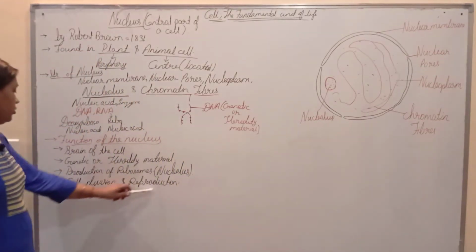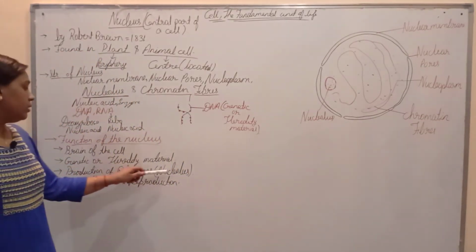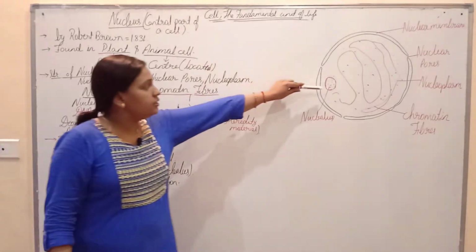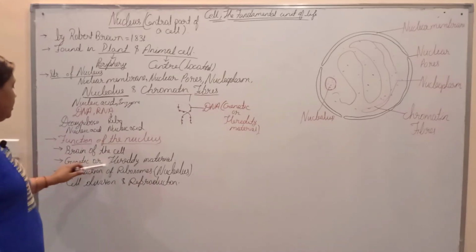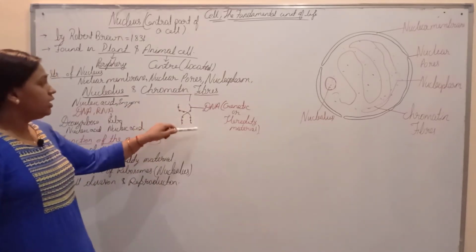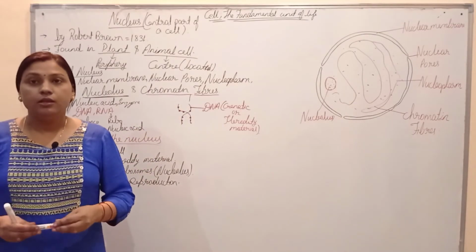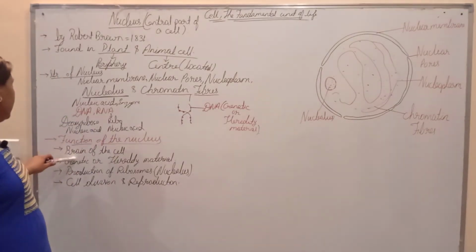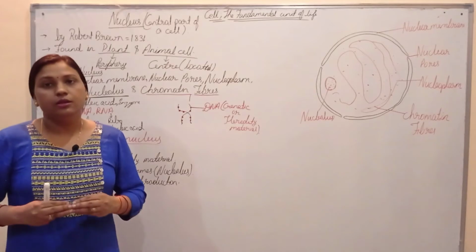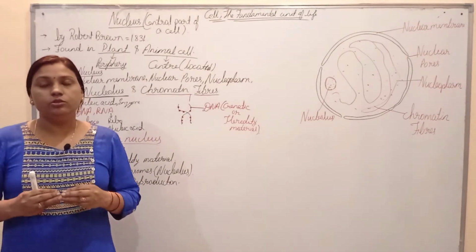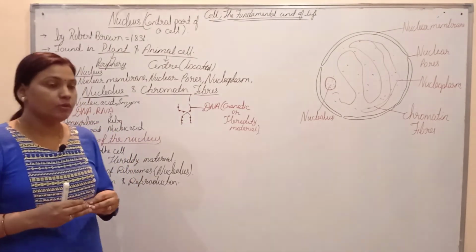Production of ribosomes also takes place inside the nucleolus of the nucleus, and genetic or hereditary material DNA is also found inside the nucleoplasm of the nucleus, and it is called the brain of the cell because the nucleus controls all the activities of the cell.